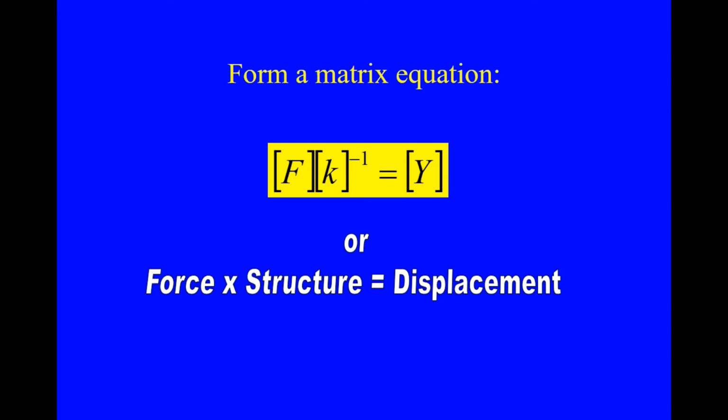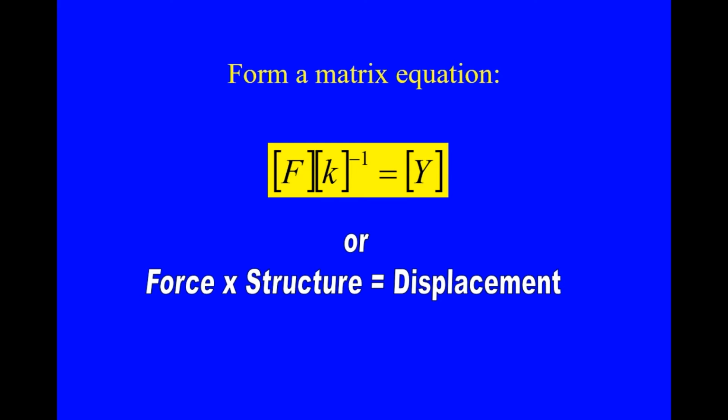We'll reduce it to a matrix equation, which we can produce from finite element models. And essentially, it's saying that a force times the inverse of the stiffness matrix equals the displacement matrix. We look at that response, the displacement vector, and we'll see whether that is okay, will satisfy our criteria.